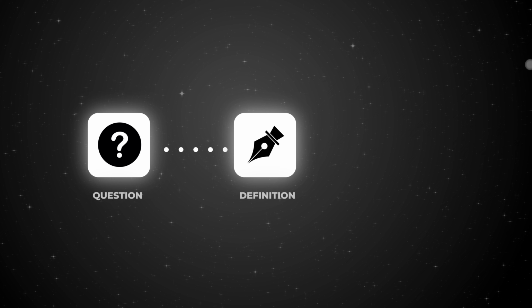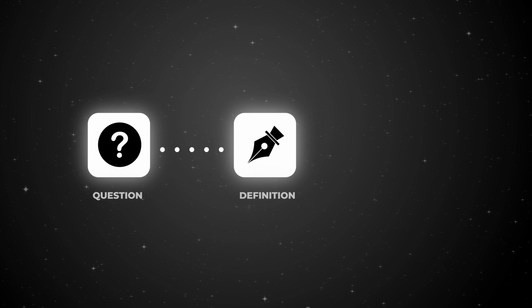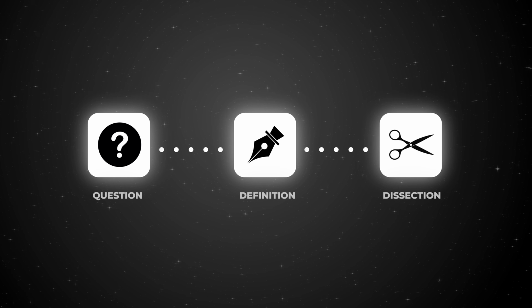The person he questions then gives a definition, and Socrates starts dissecting it to understand if it is a fair definition or not. The goal of the elenchus is to reveal weaknesses in the argument or even contradictions. By doing so, Socrates shows that many beliefs that people hold are actually less solid than they think.